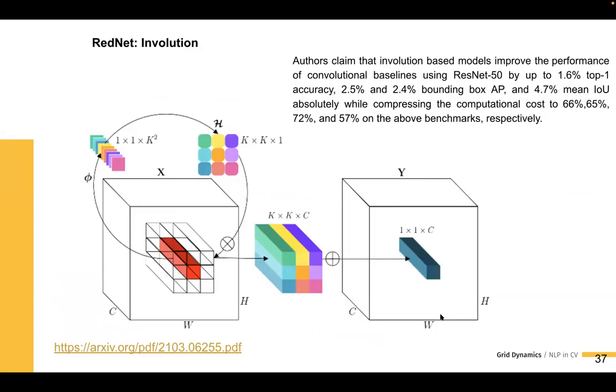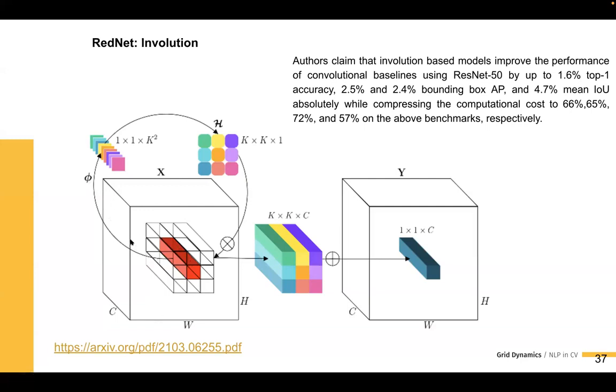Another derivative, maybe from attention or maybe even from convolution, is involution. It's something named RedNet. If convolution convolves, for example, some window and all the stuff, this works differently. This takes just one pixel. We have width and height and channels. Take one pixel.